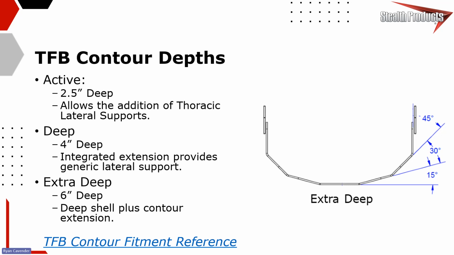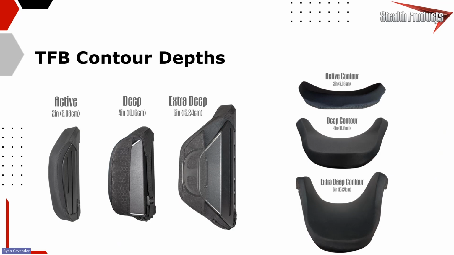The back support itself is really designed to be that lateral support, to be that integrated generic support. So when you need something more targeted, it would lean you towards the active plus bolt-on laterals. So you can see here the side-by-side of the 3 options. You'll notice how everything is built into the shell. It's all under one single cover.